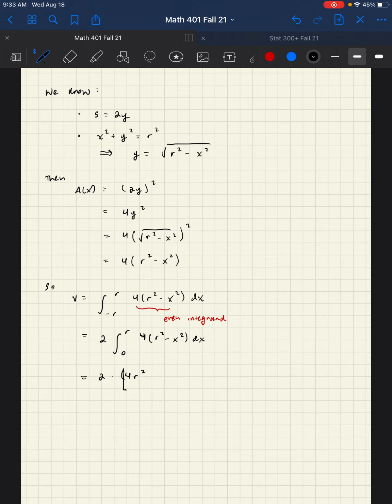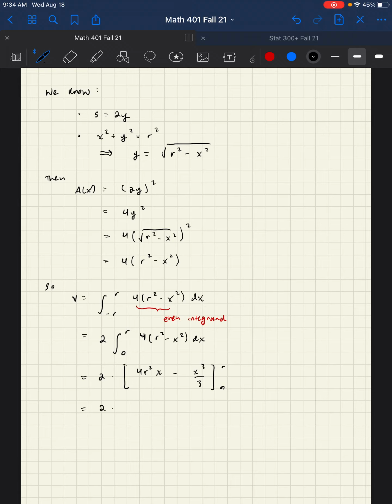And so we have 2 times 4r squared x minus x cubed over 3 from 0 to r.